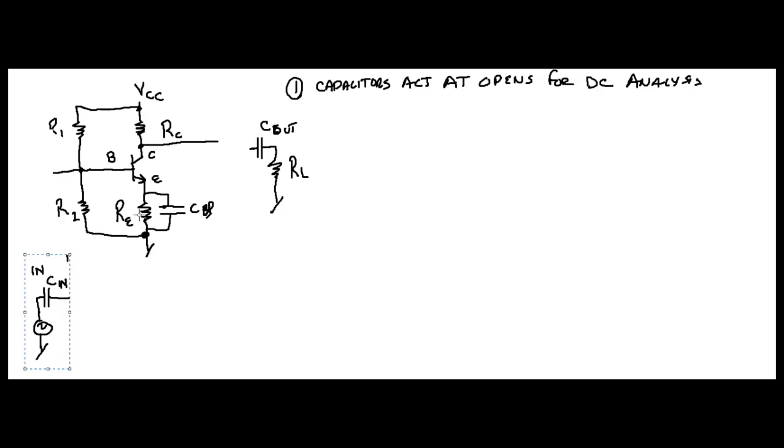I took part of the R off there, didn't I? I gotta watch myself. Look at this capacitor. It's like it's not even there, right? Because they act as opens. So if we redraw this thing, I'm just going to draw a little arrow here, just to redraw it for you.